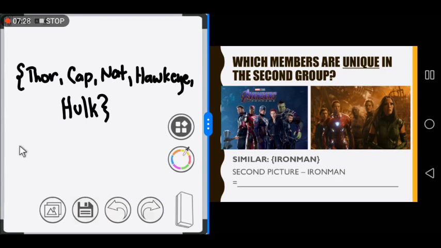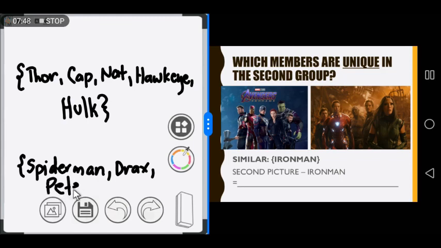So, ang matitira ay from left ay si Spider-Man, sino nga ba yun? Si Drax. Itong isa pang lalaki ay si Peter. At saka si Mantis. So, wala na din si Iron Man sa group na yon.